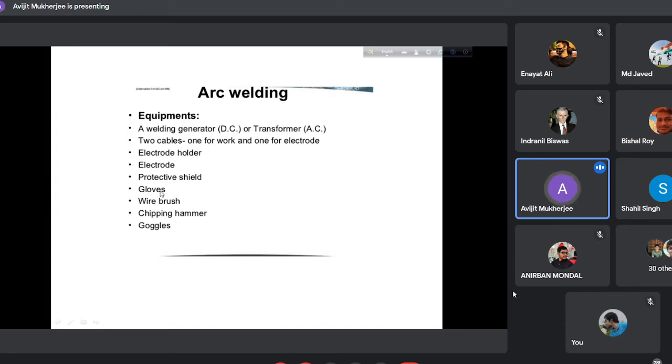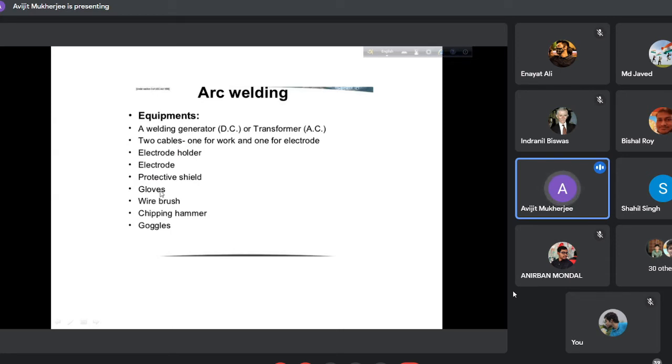If you visit some fabrication industries, you will observe, just like today's COVID scenario, where we observed doctors all the time wearing PPEs, personal protective equipment, so all the body parts are completely covered. Similarly, in a welding or fabrication industry, all the body parts of the workers are completely covered.